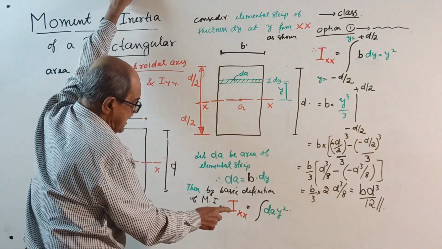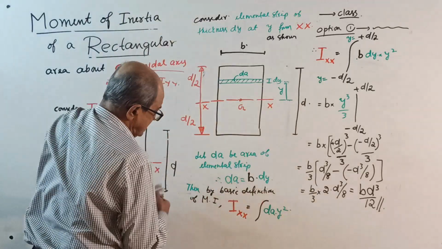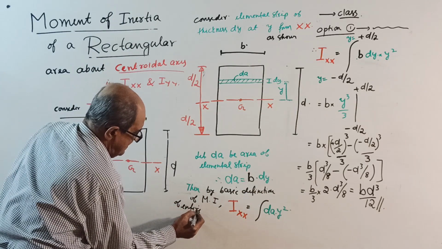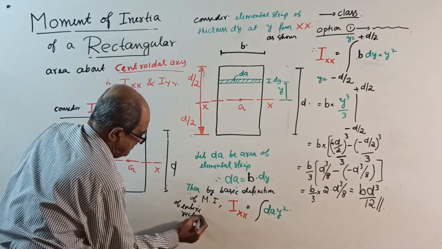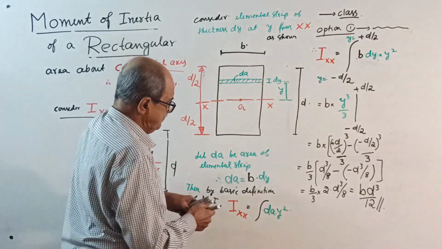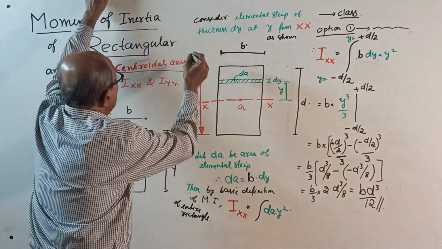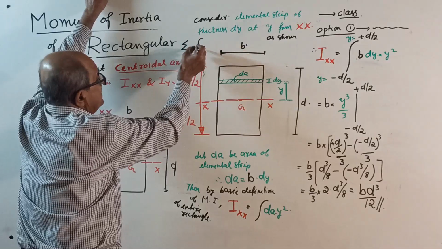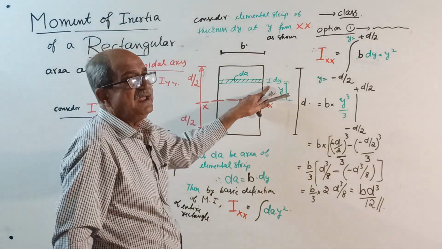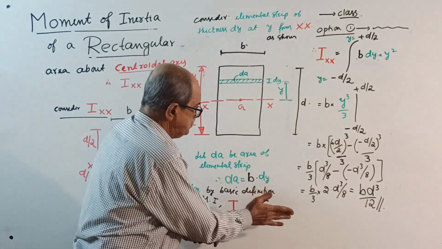But for the entire rectangle, by basic definition, I about xx equals integration of dA into y square. Actually, I told earlier, either sigma or integration. But here, since you are taking elemental thickness dy, you have to go for integration. Integration of dA into y square.